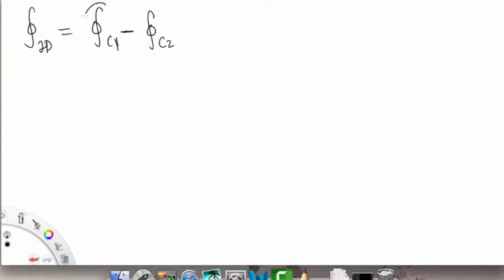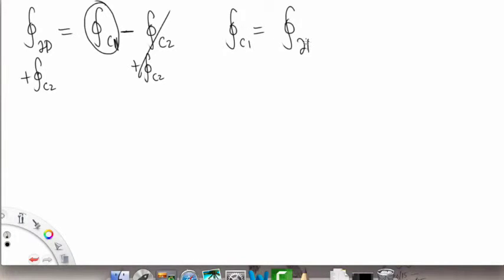So this is what we're solving for, the line integral over C1. Let's solve for that by adding the line integral over C2 to both sides. Then these ones cancel, and we get that the line integral over C1 is equal to the line integral over the boundary of D plus the line integral over C2.